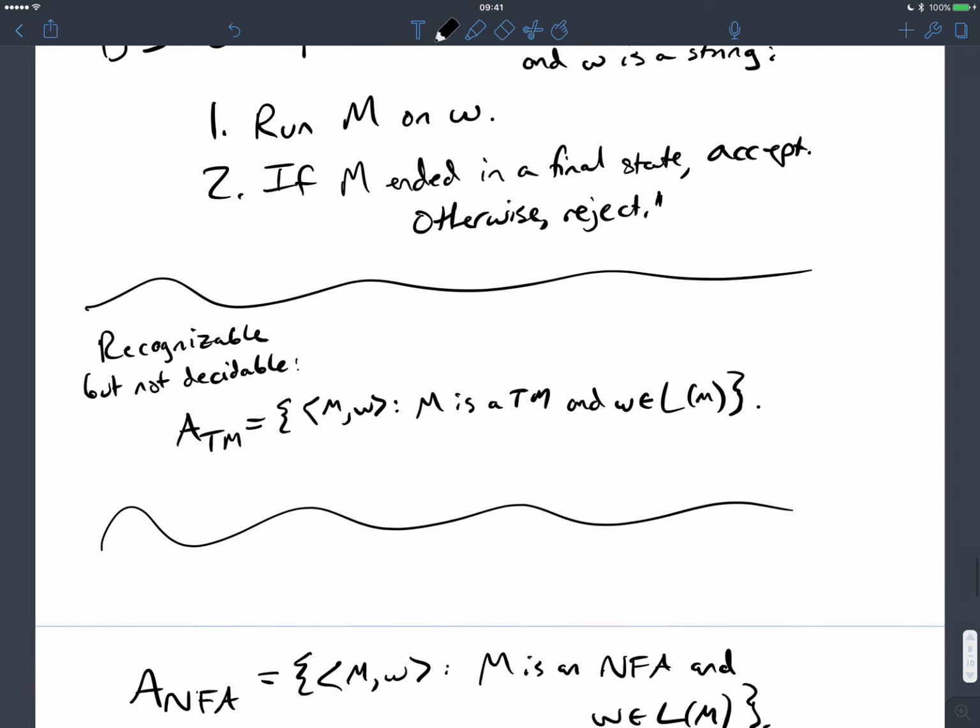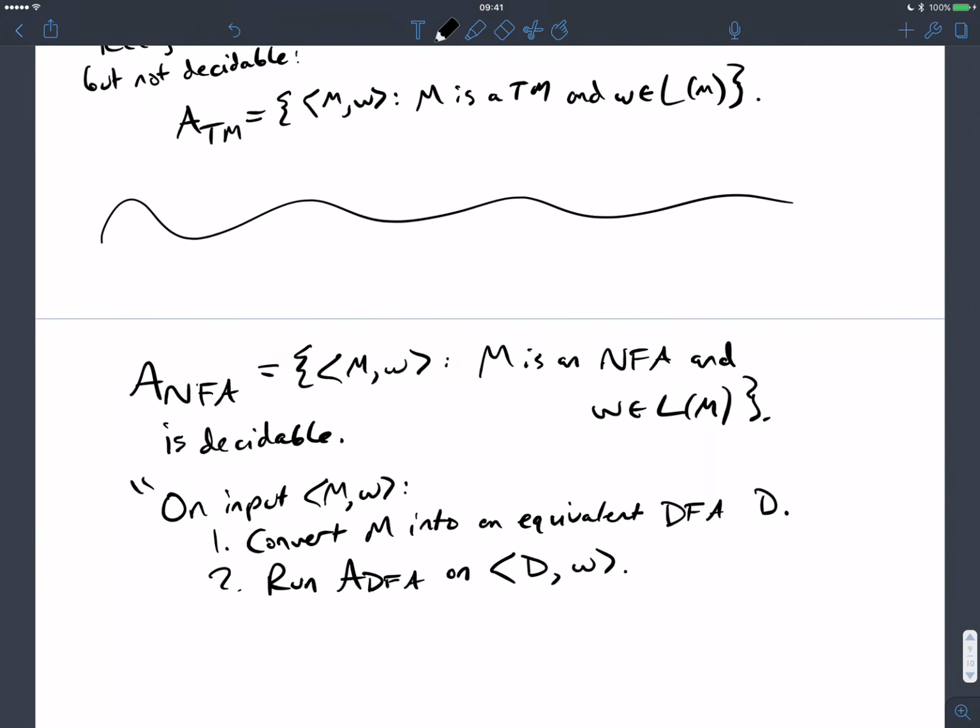A language, by definition. Can I run a language on a string? No. What can I run on strings? Machines, yeah. So instead of saying run a DFA on it, I run the decider for a DFA on that string. I can't run a language on a string.